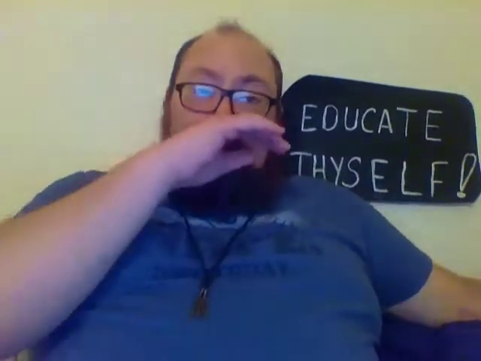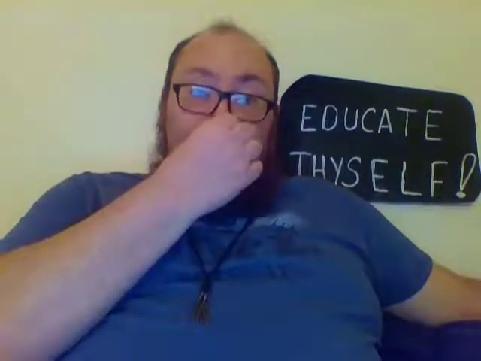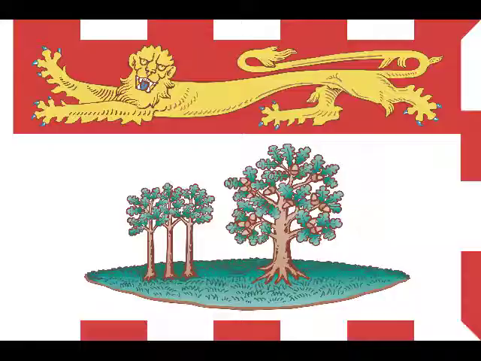Now, Prince Edward Island. Its flag. On the top, you have what appears to be a red castle type fortification with the golden lion stretched out on it.